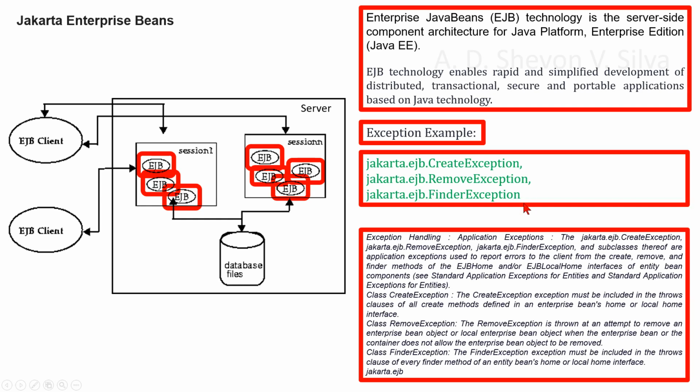The class FinderException: the FinderException must be included in the throws clause of every find method of the entity bean's home or local home interface. These are in the package jakarta.ejb.